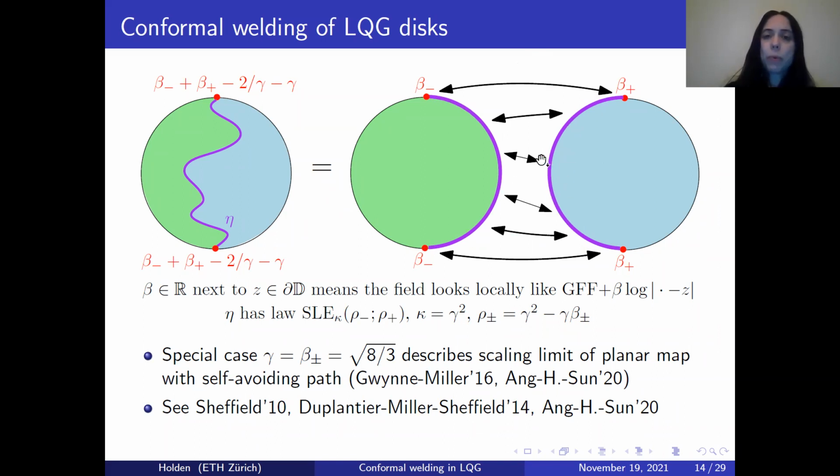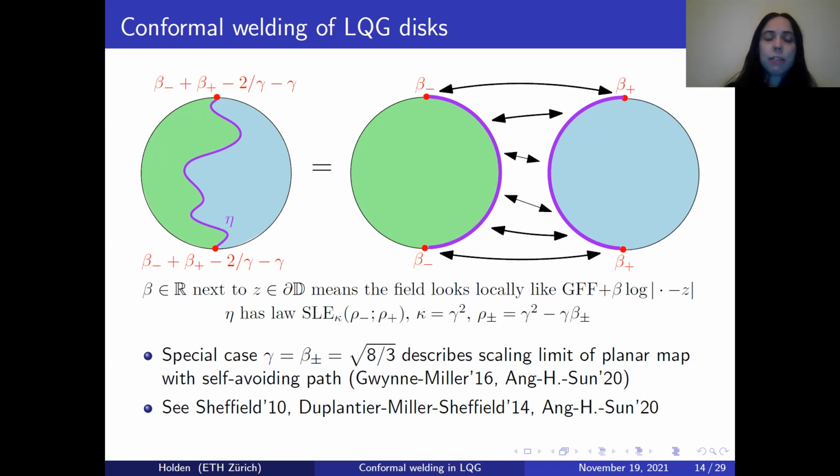When we're doing the welding, we're doing it such that if we consider some small segment of length epsilon on this purple curve, then it is identified with some small segment of length epsilon on this purple curve. We prove that this conformal welding is well defined. We prove that if we do the conformal welding, then the resulting object is still what we call an LQG disk. And we prove that the interface between the original disks is given by an SLE kappa rho curve.